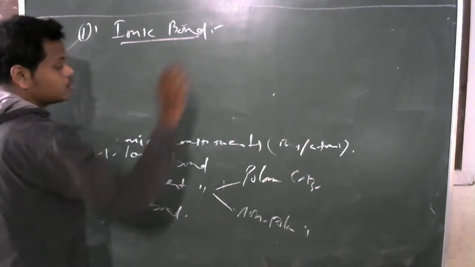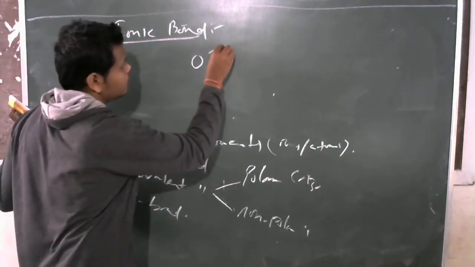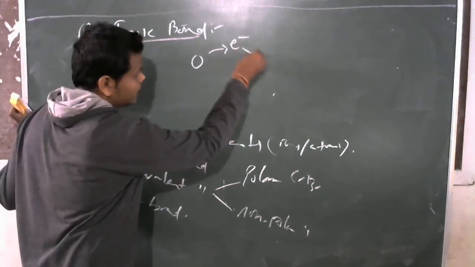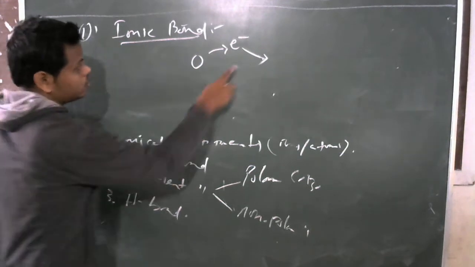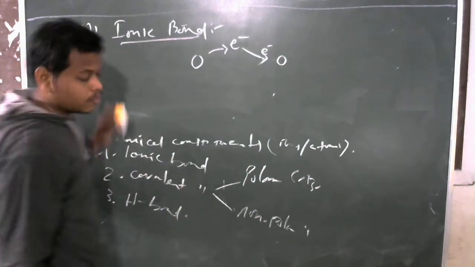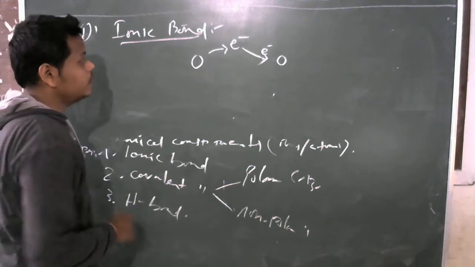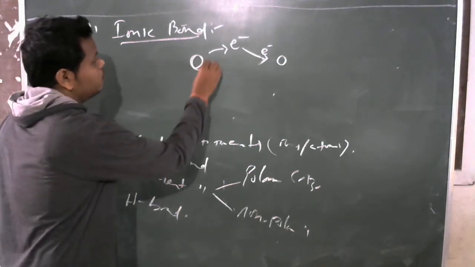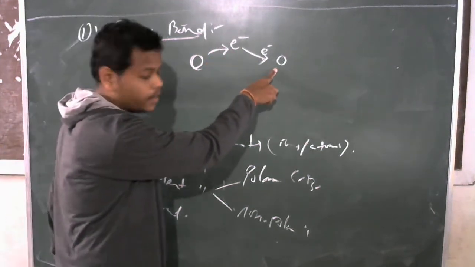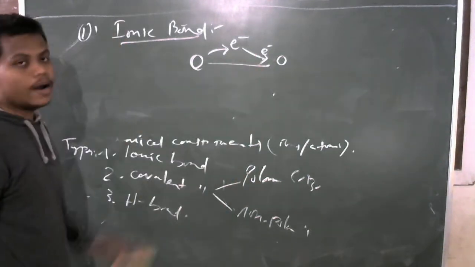Sometimes an atom loses an electron, and when that electron is gained by another ion, then the bond formed at that time is called ionic bond. I am repeating again: when an atom loses an electron and that lost electron is gained by another ion, the bond formed between them is called ionic bond.